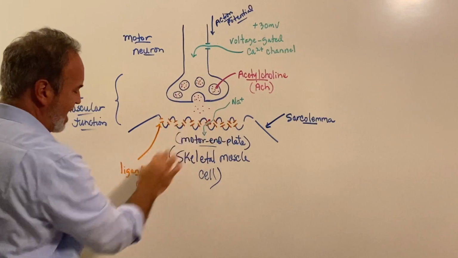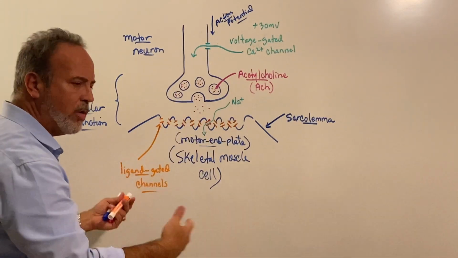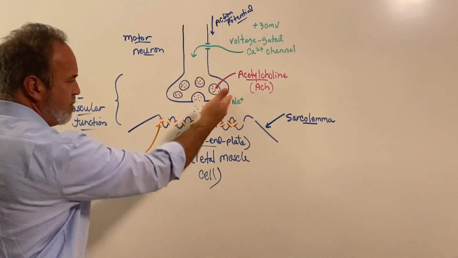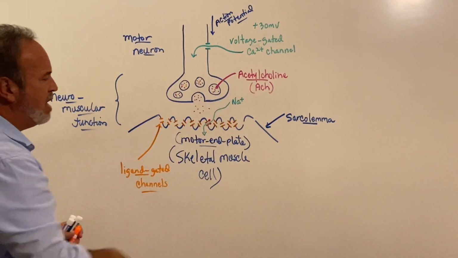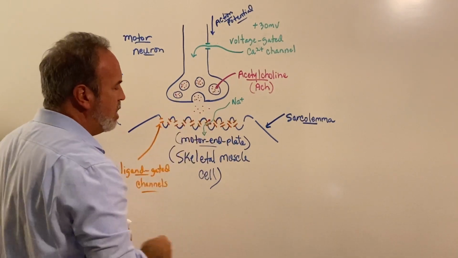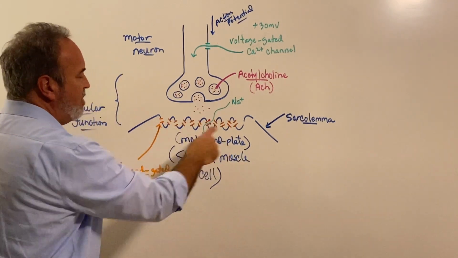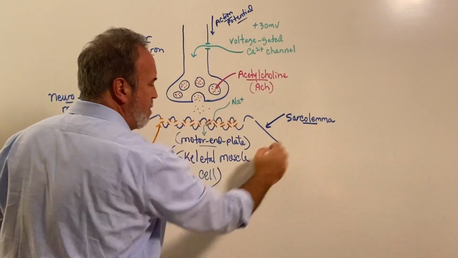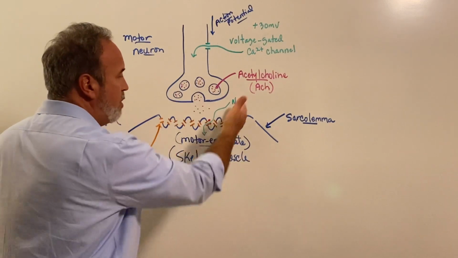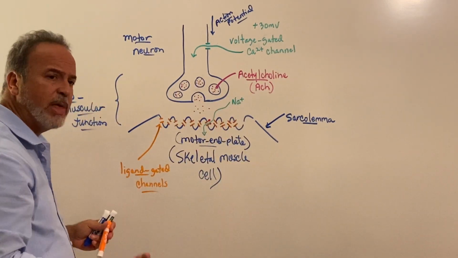So acetylcholine is a ligand. Anything that binds to a receptor, we call that a ligand, okay? So these ligand-gated channels are going to open. Sodium is going to come in. So basically, as acetylcholine binds to these receptors here at the motor end plate, the membrane, the sarcolemma of this skeletal muscle cell is going to become more permeable for sodium. Okay, you need to know that for the exam.